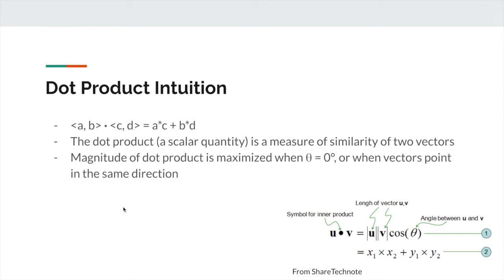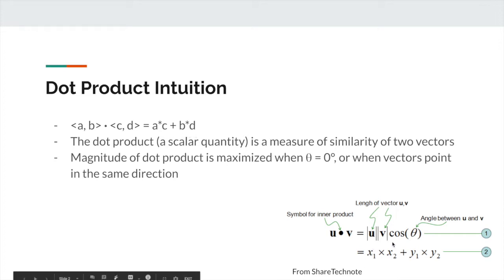And so a way to think about the dot product and what this number at the end represents is that it's a similarity measure. It measures how similar two vectors are in the direction that they point to, right? This is an alternate definition of the dot product, aside from this method of computing the dot product, where you take the components and multiply them together.